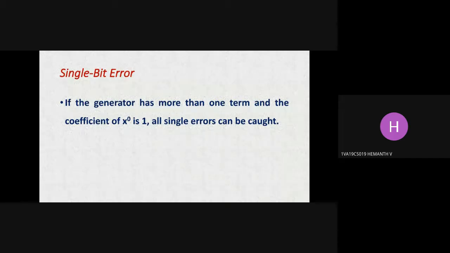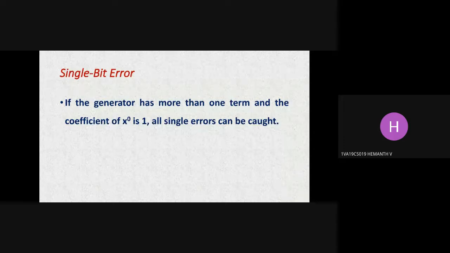The divisor, using which you can divide the data word, or the divisor which is shared between the sender and the receiver, which we studied under cyclic codes. Now we'll see what different kinds of errors can be detected by choosing a proper generator, which is nothing but the divisor.